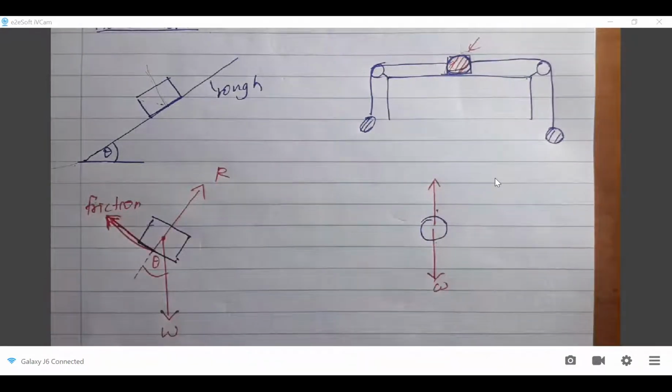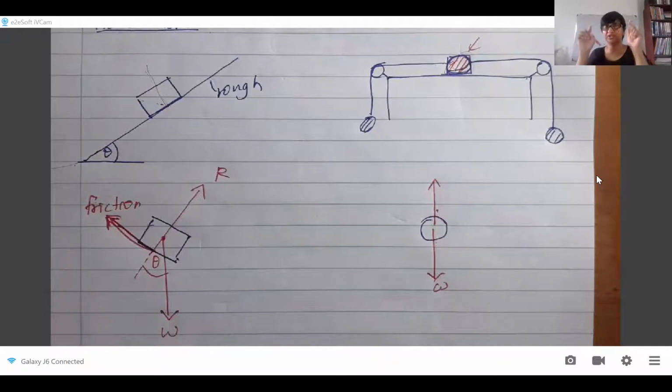Yes, Hatfi, the normal reaction force is always perpendicular to the surface on which the object is resting. That is why it is called normal reaction. Normal means perpendicular.